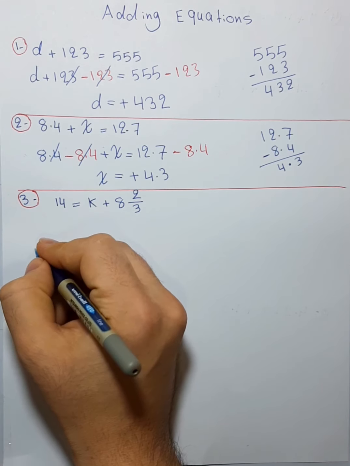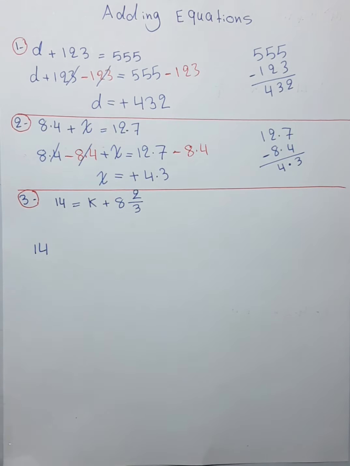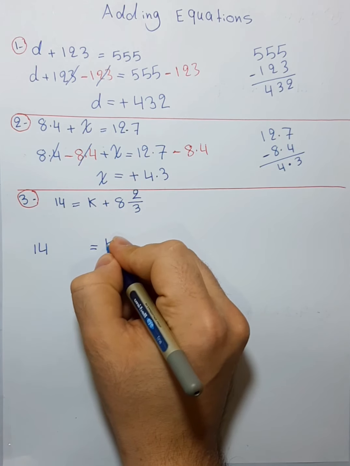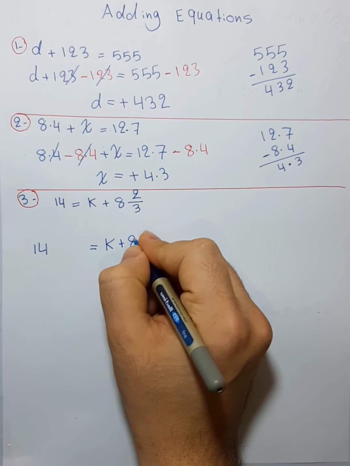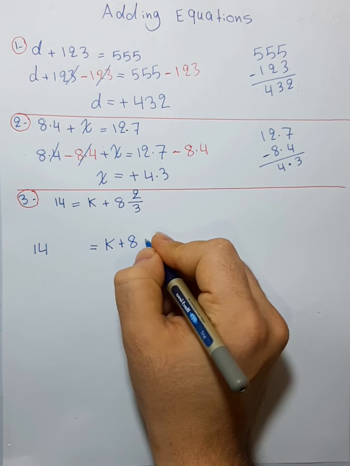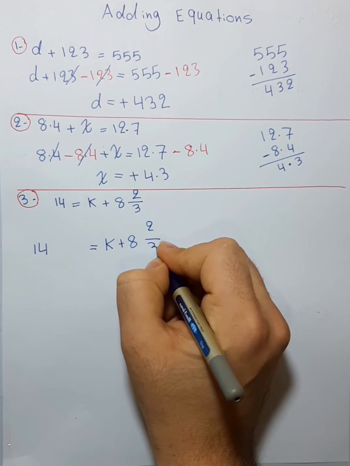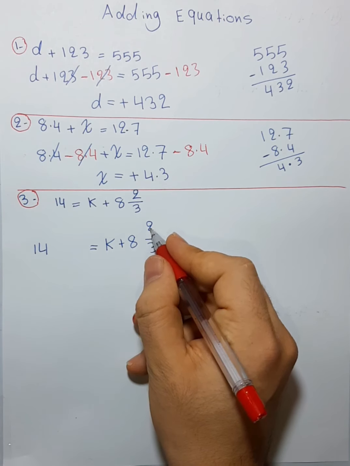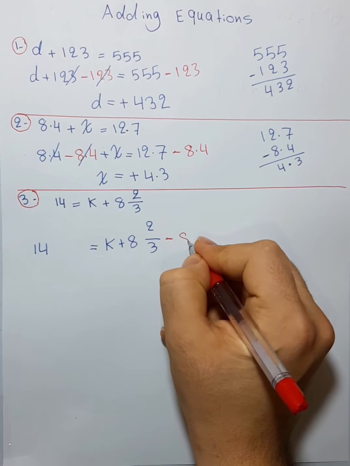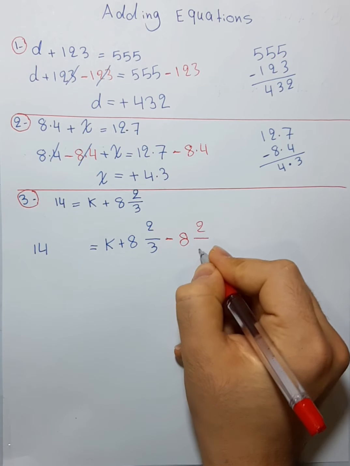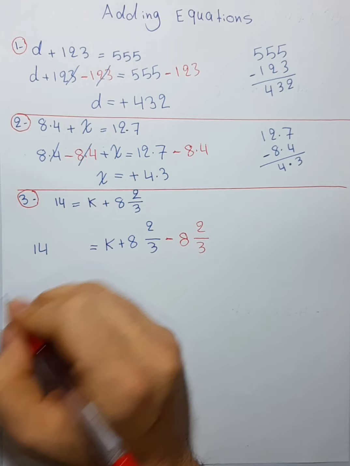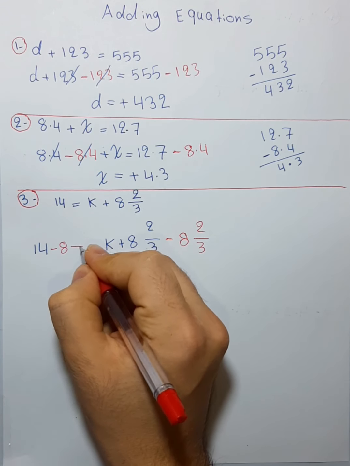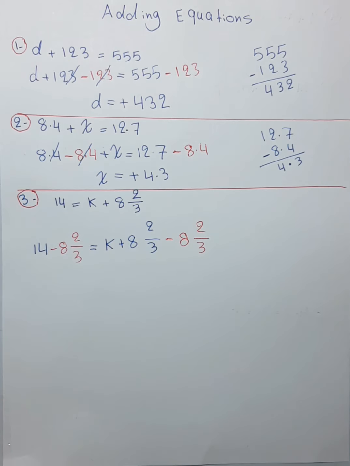So 14 equal to k plus 8 and 2 out of 3. The inverse of plus 8 and 2 out of 3 is minus 8 and 2 out of 3 for both sides. Minus 8 and 2 out of 3.